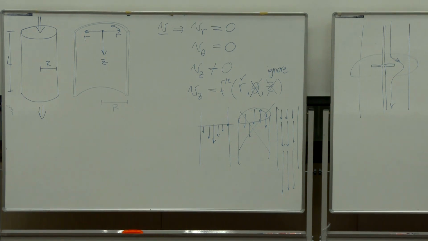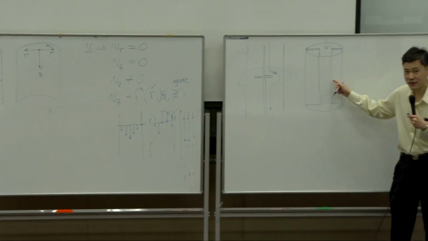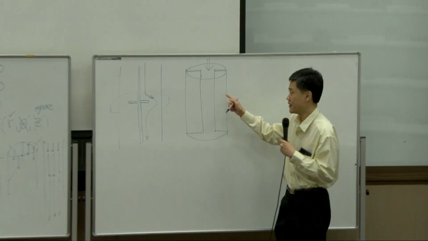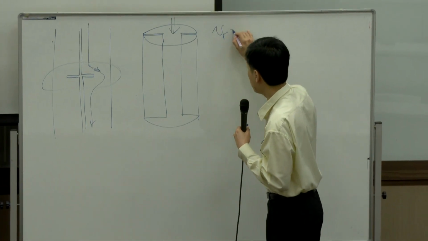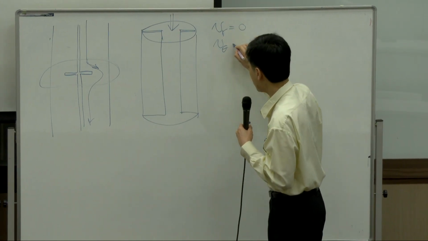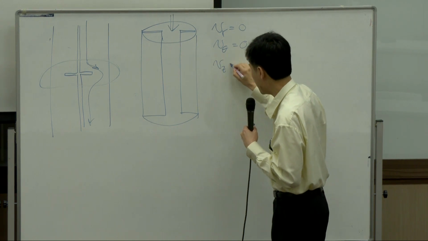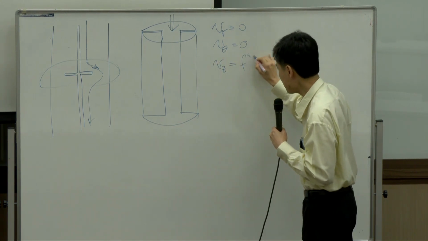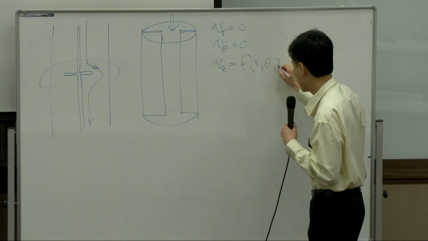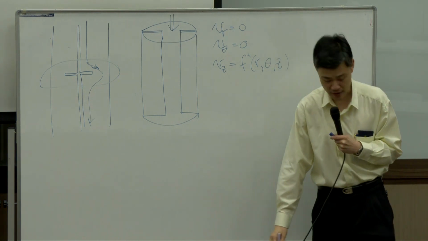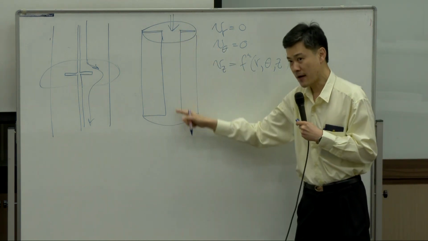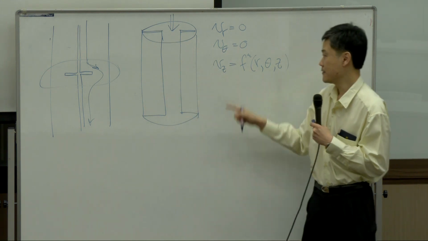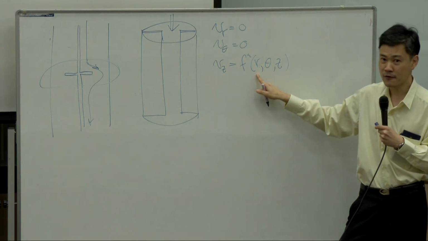Now, let us consider this one. This one, we know that Vr is 0, V theta is 0, Vz is not 0. So let's try this as an exercise. Flow in this pipe with the fin, is Vz a function of R?